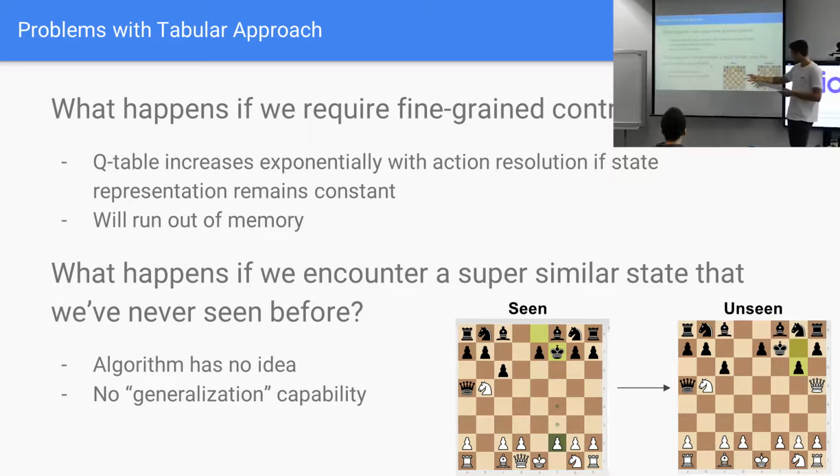And I've put this picture of a chess board up here because in CartPole it's pretty obvious. If the pole's a little bit to this side, you've been there before, and the action's pretty similar to if it's a degree less. But in almost every other game, if you move a pawn one position in chess, it fundamentally changes the strategy of the position.